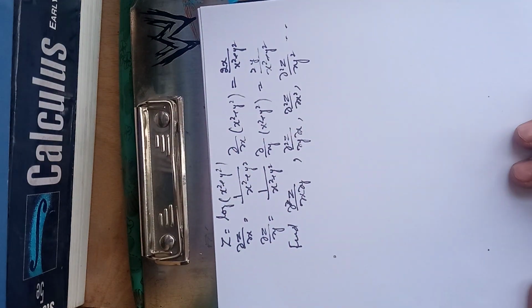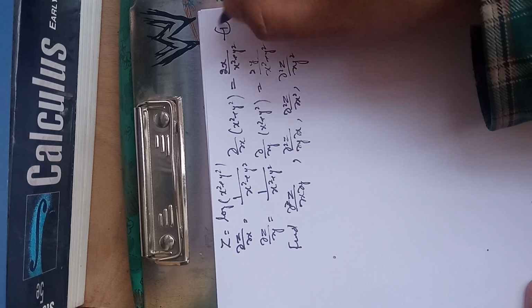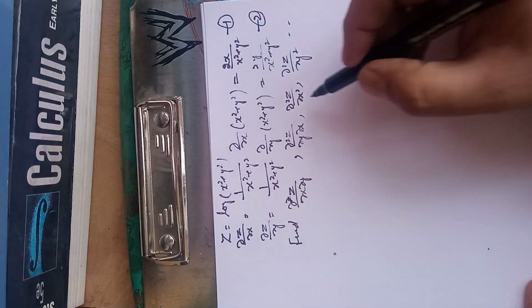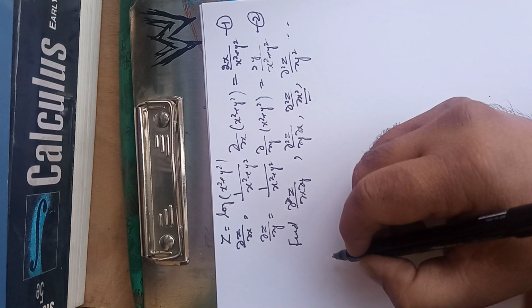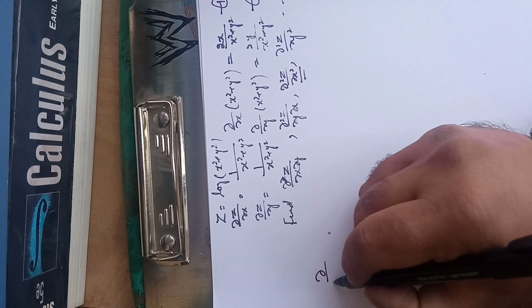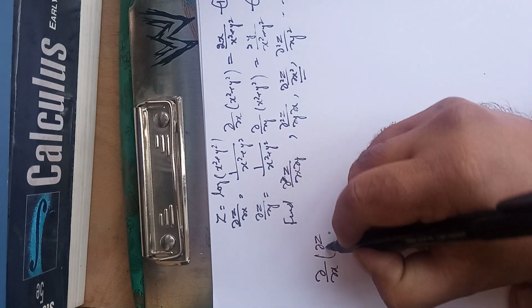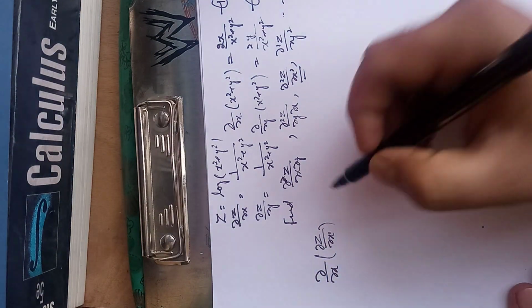We can find anything. We can find del 3 also. Now this is 1, this is 2. In order to get this one, let me differentiate this first with respect to x. Now this is del by del x of del z by del x, which means I am differentiating this function with respect to x.